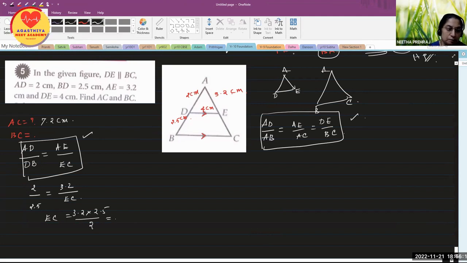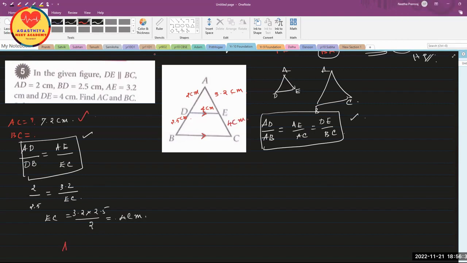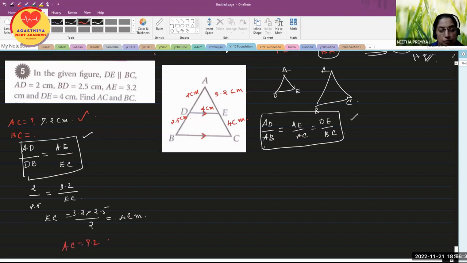If you simplify, it comes to 4. EC is 4 centimeter. Then what about AC? Somebody said 7.2. Yes, that's correct. So AC is equal to 7.2 centimeter.